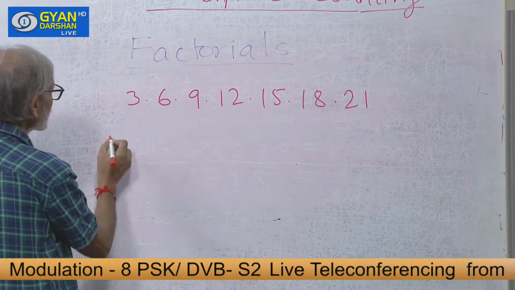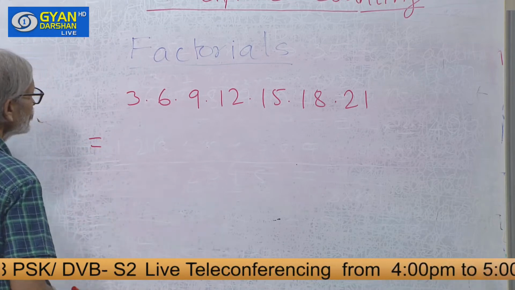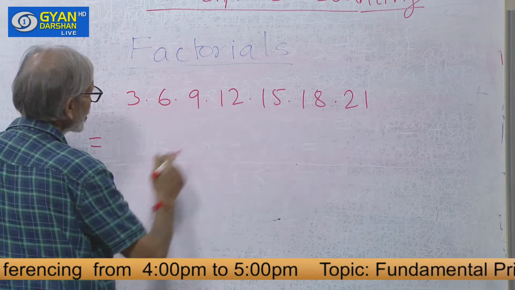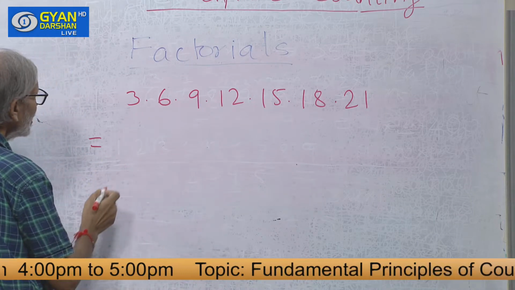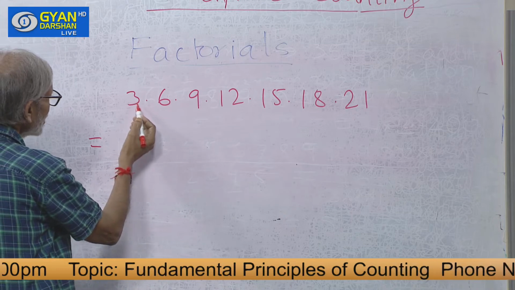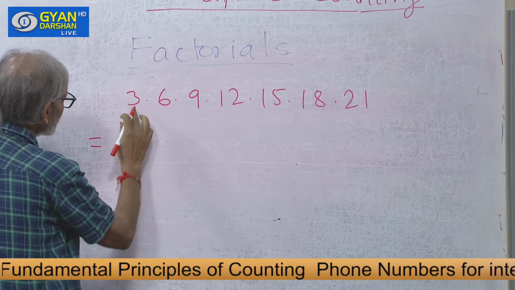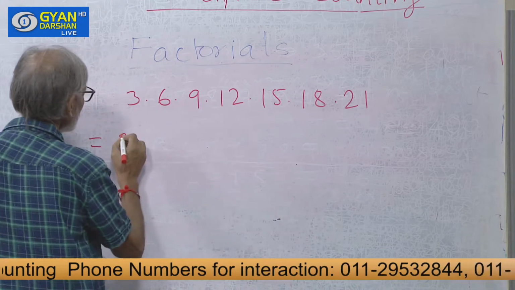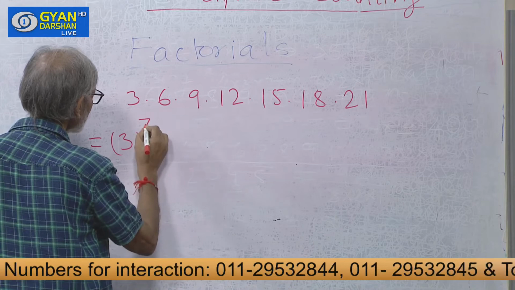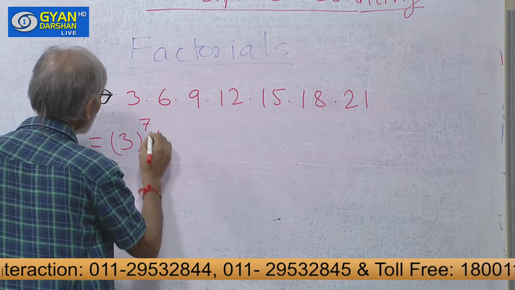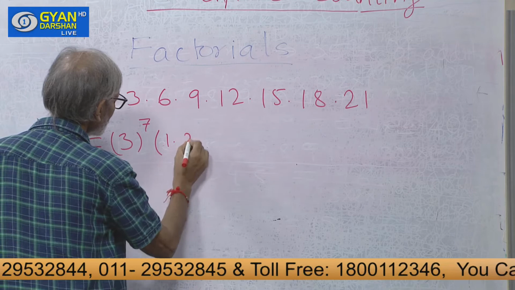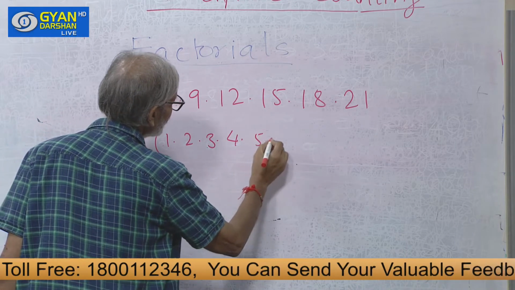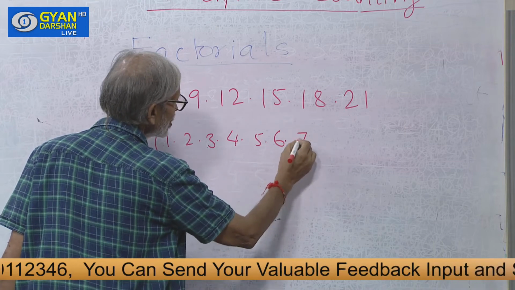So, this can be written, you see you take 3 everywhere coming repeatedly. So, 3 into 3, 1, 2, 3, 4, 5, 6, 7. So, 3 to the power 7 we have taken out, and then within bracket it will be 1 into 2 into 3 into 4 into 5 into 6 into 7.